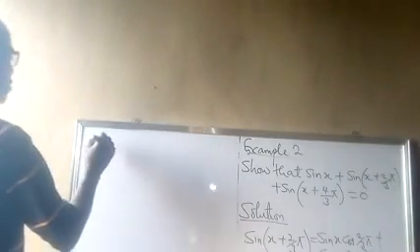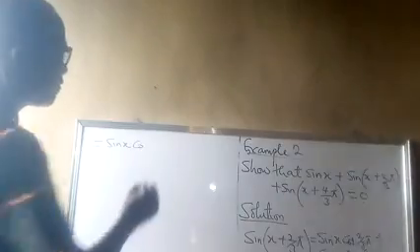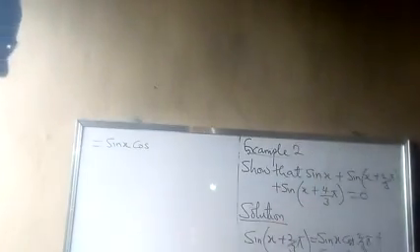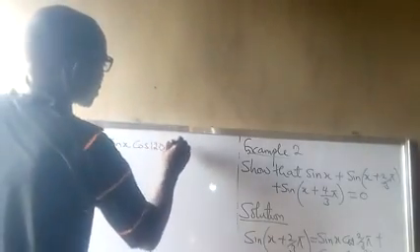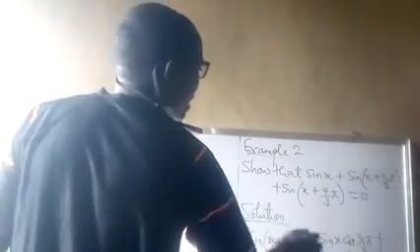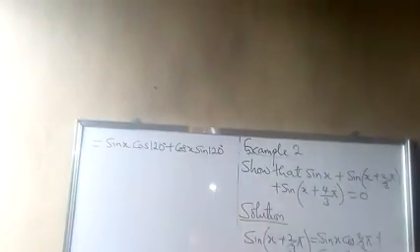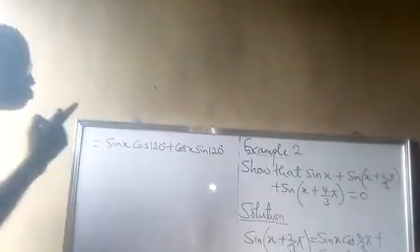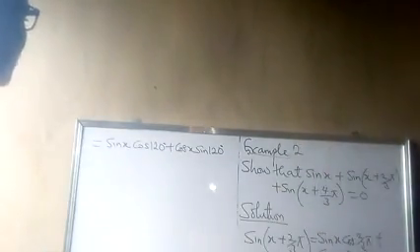So that would be sin x cos(120 degrees), since 180 times 2 is 360, divided by 3 is 120, plus cos x sin 120 degrees. Now, like I said the other time, we need to get the definite value of cos 120 and all of that.